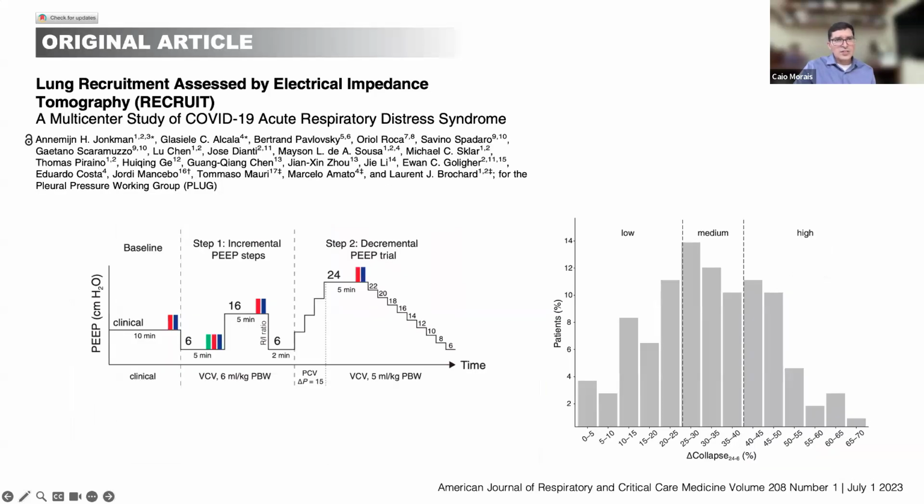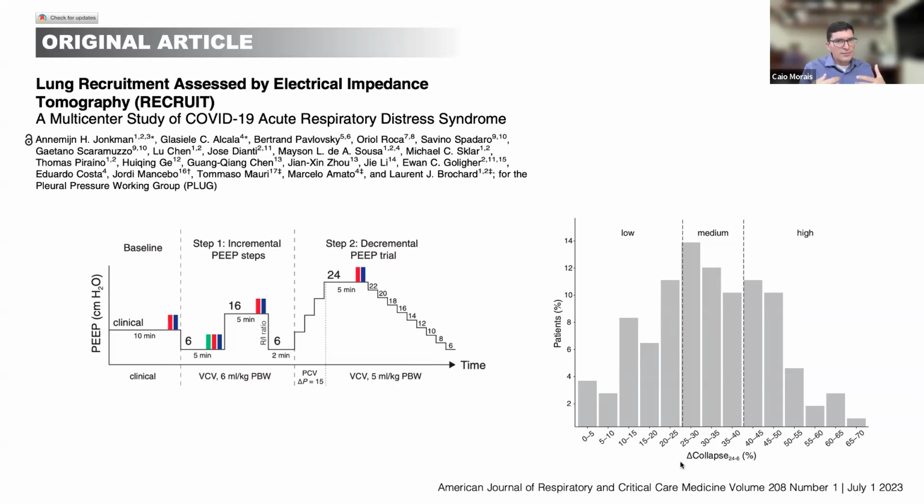EIT can be used to assess recruitability using the assessment of lung collapse. This is not going to be discussed today, but the EIT method to calculate lung collapse is based on the ventilation image. That's why I'm showing this paper. They use a sophisticated approach developed by Dr. Costa, that uses the tidal change in ventilation divided by the driving pressure.